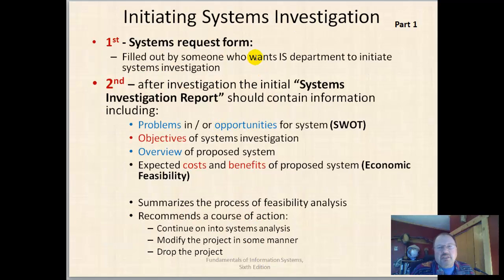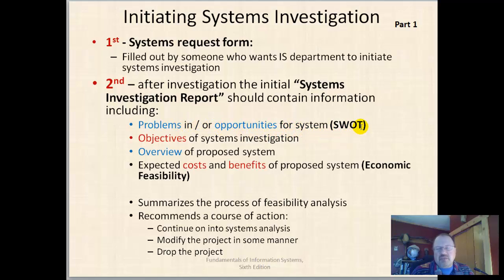So when we initiate systems investigation, the first thing we'll do is have a systems request form. And this is usually filled out by someone who wants IS to initiate a project or an investigation, actually. And then after the investigation, the initial systems investigation report should contain some of the following. So this initial analysis, if you will, should contain information like problems in or opportunities for the system.